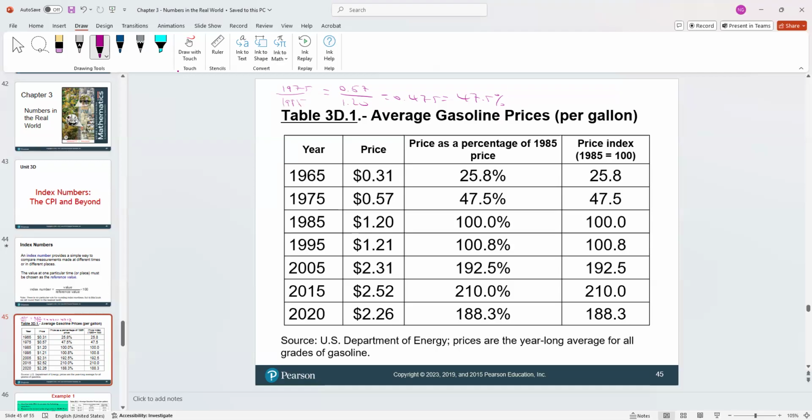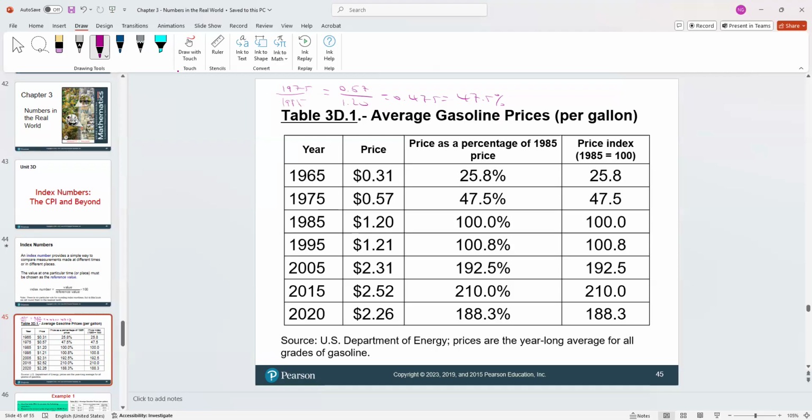So it's 100%. Now, if you look at the last column of this table, it is identical to the third column, except we drop the percent signs. This simple change converts each number from a percentage to a price index, which is one type of index number.